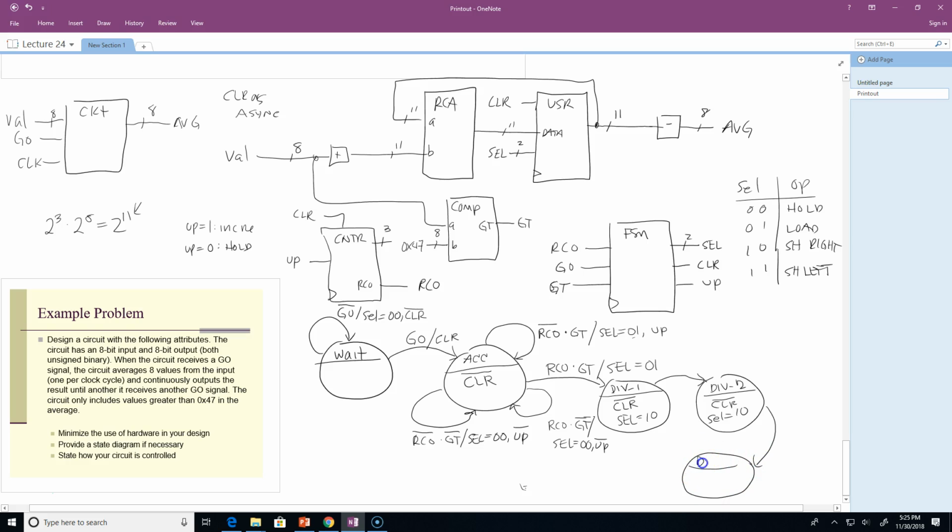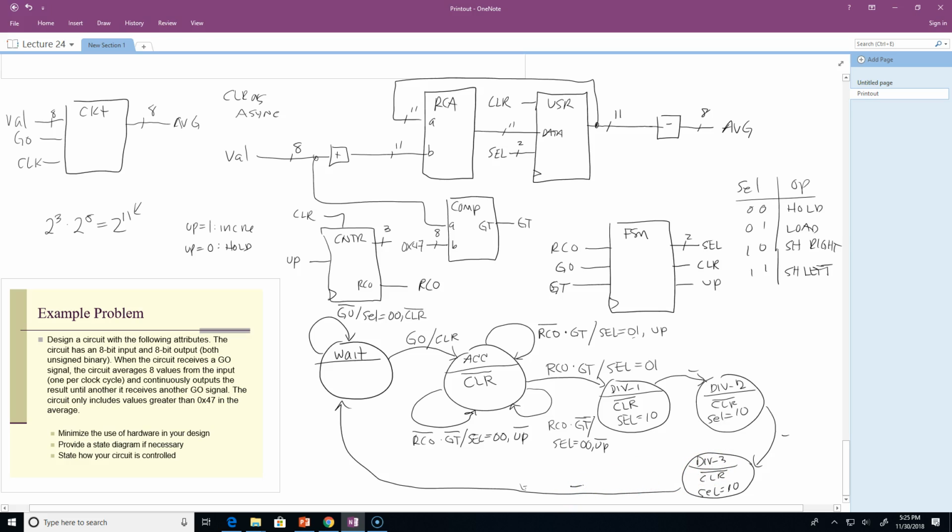Right now my brain has disengaged. I am just writing this stuff down because it's the same stuff over and over again. I need to do 3 shift rights. There's 1, 2, and 3, and the last shift right is going to happen when I leave this state, and it's unconditional.